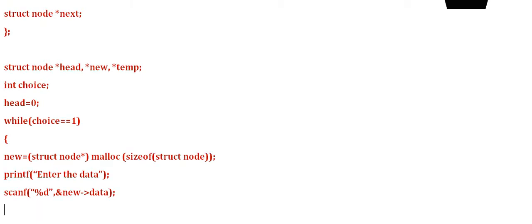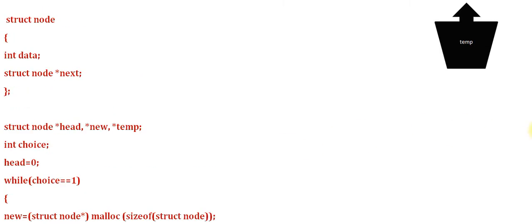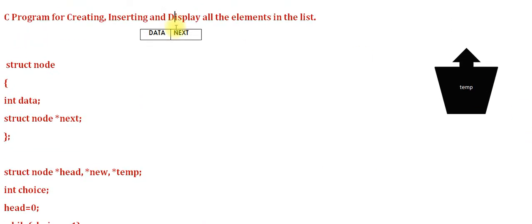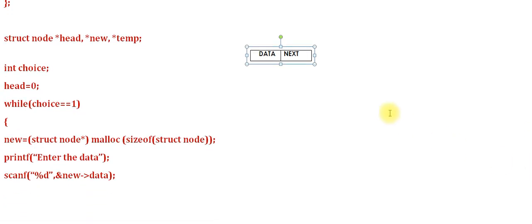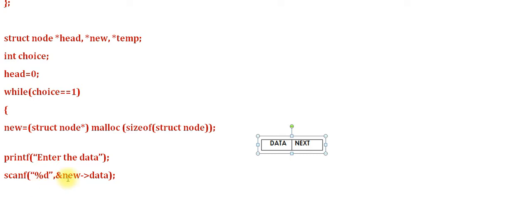Now after saving the data, there will be a thing. See, look here. I have completed the process of the data field, right? Then there is one field which is called the address of the next field.